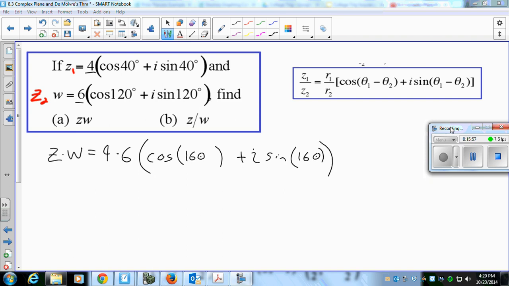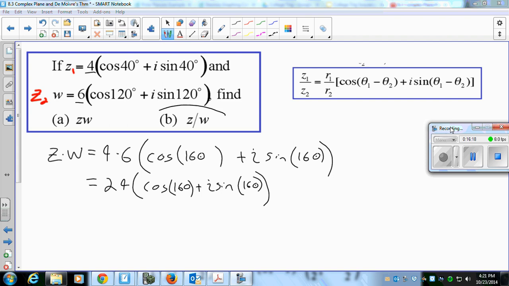Just clean it up a little bit, and I get 24 times the cosine of 160 plus I sine of 160, and we leave it there. That is your polar form of an equation in the complex plane.